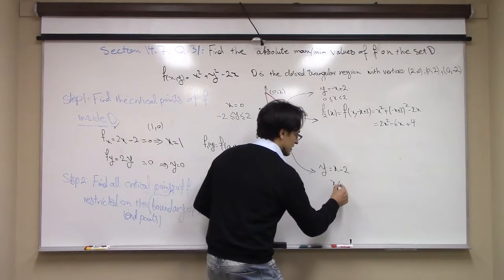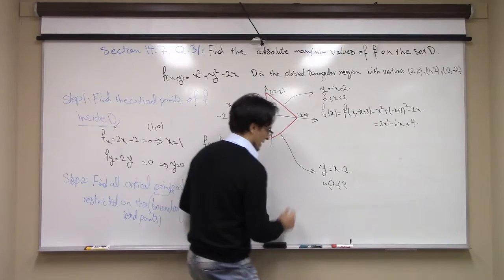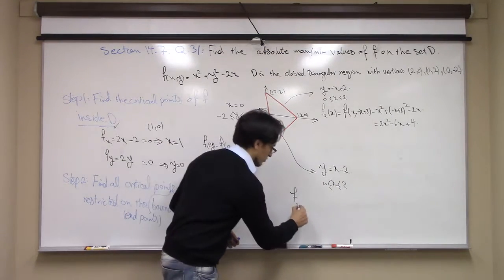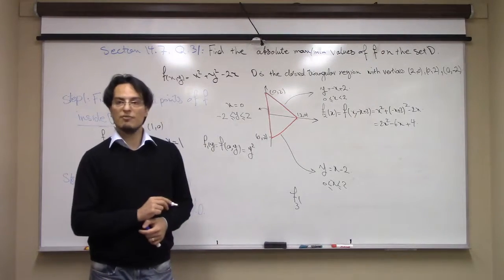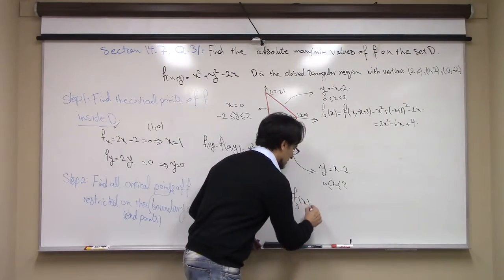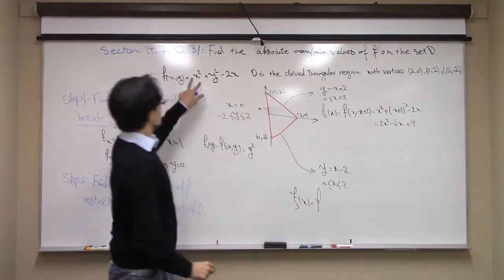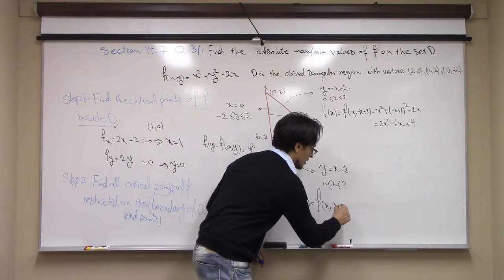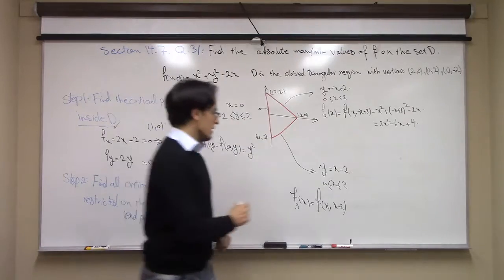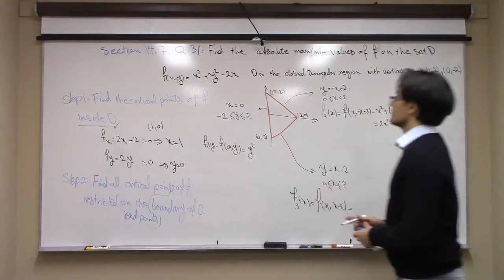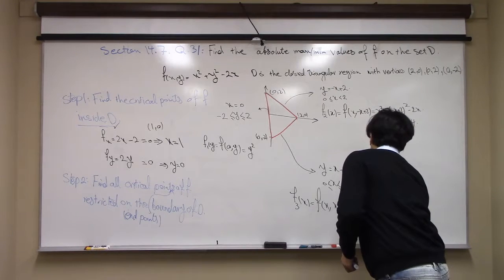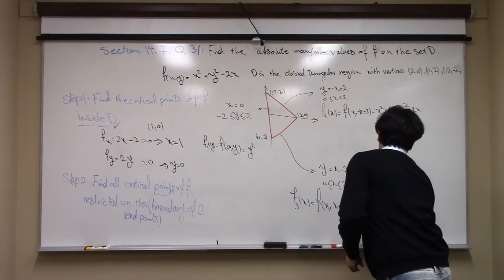Then again, x goes from 0 to 2. The restriction of my function on this piece, I'm going to denote it by f3, depends on x, and that's my original function when I plug in x for x and x minus 2 for y, which gives me x squared plus (x minus 2) squared minus 2x.